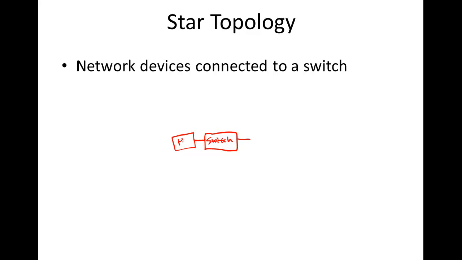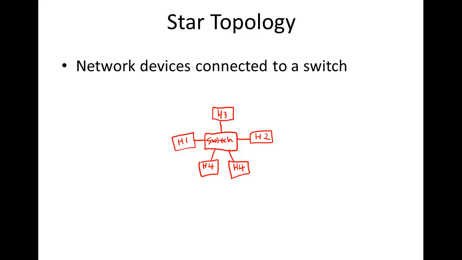So host 1, host 2, host 3, host 4, host 5, right? So this looks like a star, and that's why it's called a star topology.